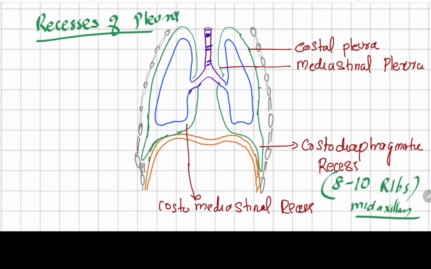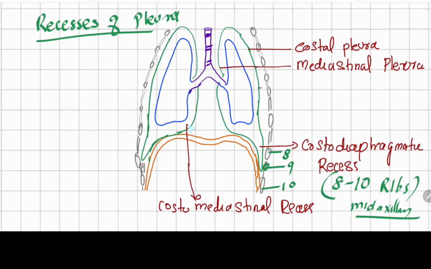So that is the extension of this costo-diaphragmatic recess. Here you have the 8th rib, 9th rib and the 10th rib.